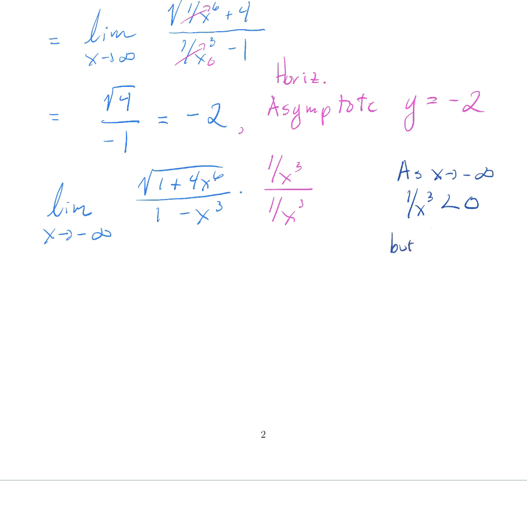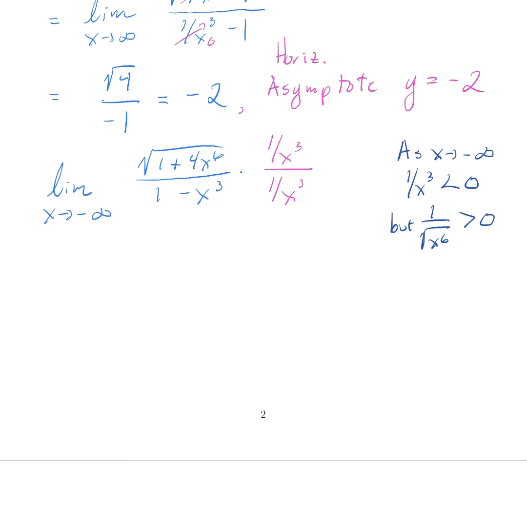But 1 over the square root of x to the 6th is greater than 0. The square root always defaults to something positive. Take something negative, raise it to the 6th power, it's going to be positive, and then take the square root of that. So to maintain equality, 1 over x cubed is going to equal negative 1 over the square root of x to the sixth.